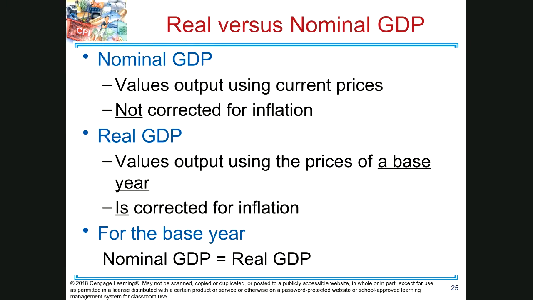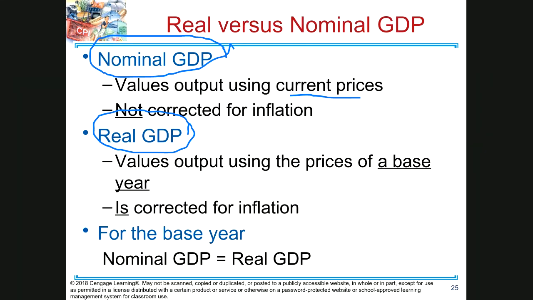We're going to differentiate between 2 things here: nominal GDP versus real GDP. Again, I don't expect you to memorize it, but we're going to analyze it to learn it. Why do we need to differentiate between these 2? To calculate the inflation rate, to capture the inflation rate in our economy.